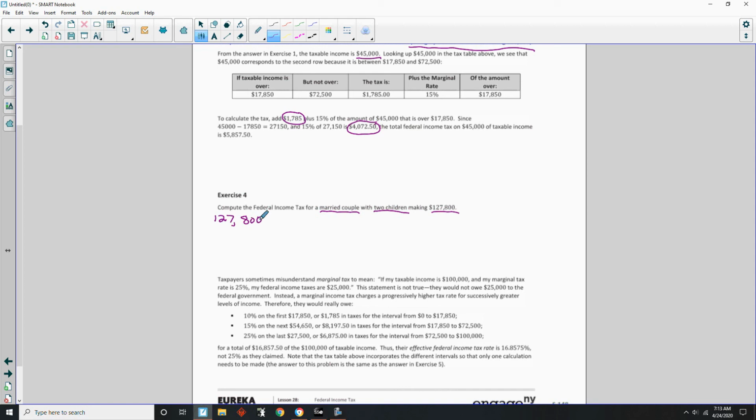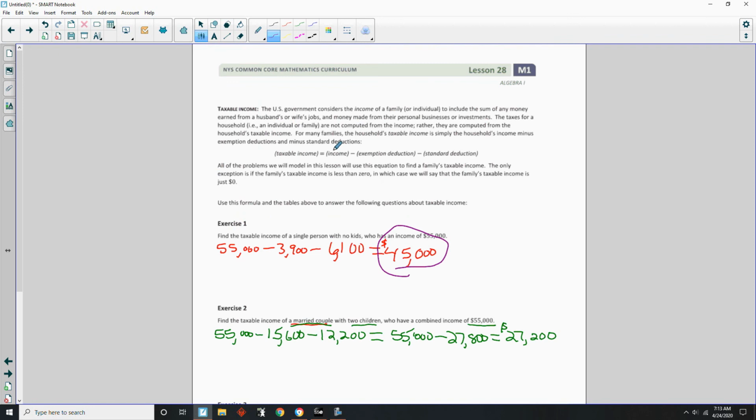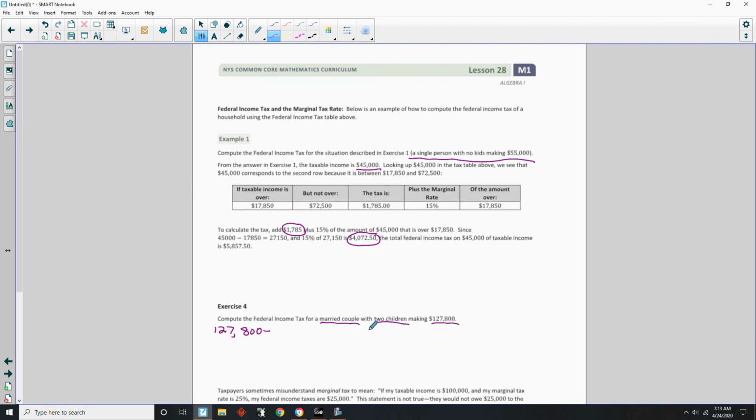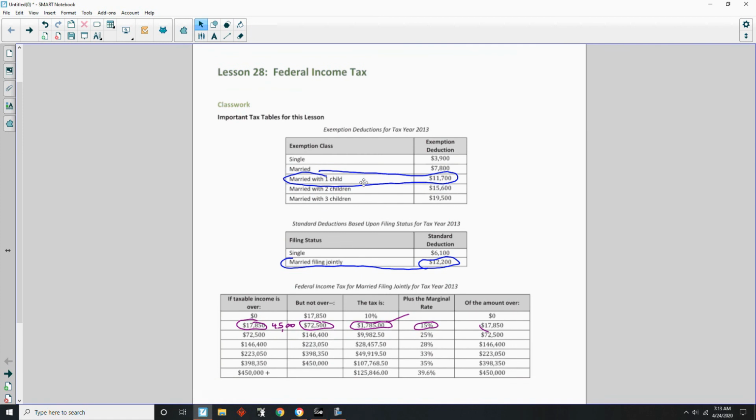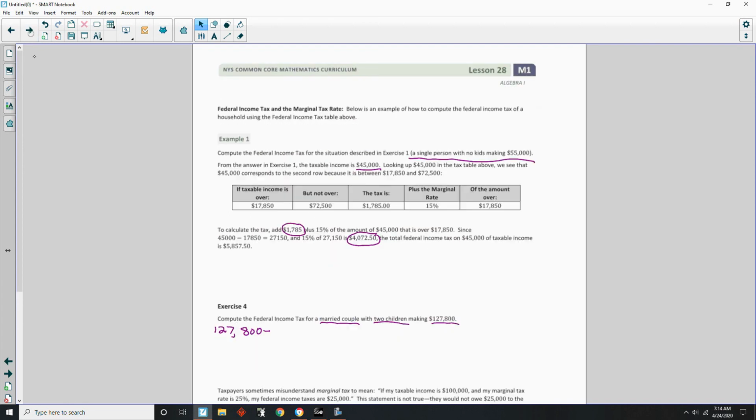We have to do what we did in page 1, and that is income minus exemption deduction minus standard deduction. For a married couple with 2 children, if I go back, that is going to be this and this. So we're going to subtract 15,600 and 12,200. That's the first thing we do.